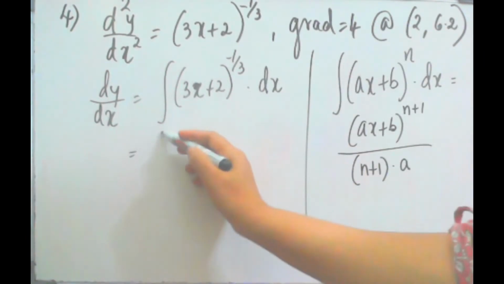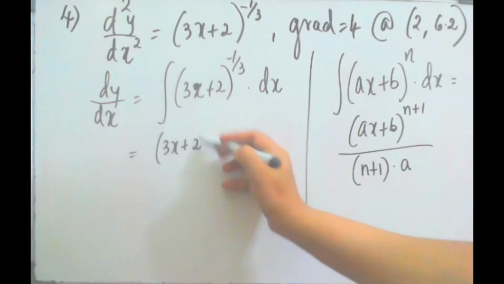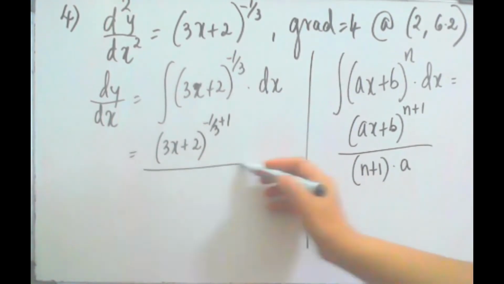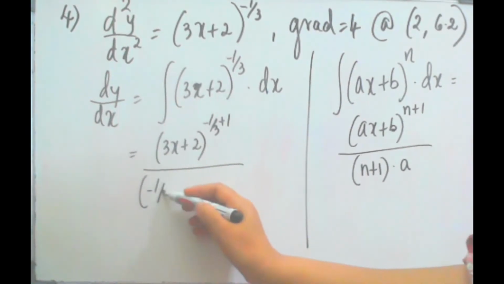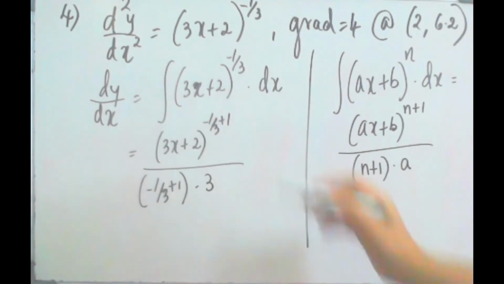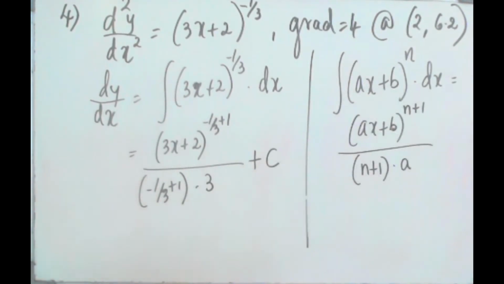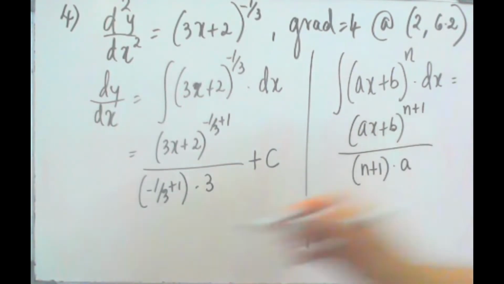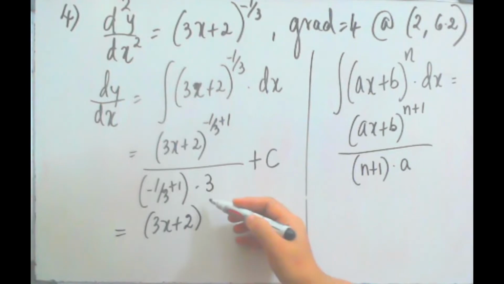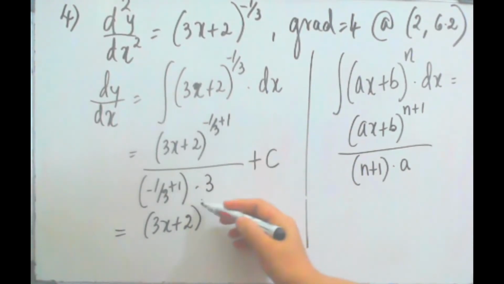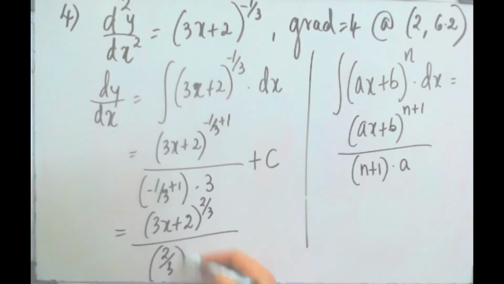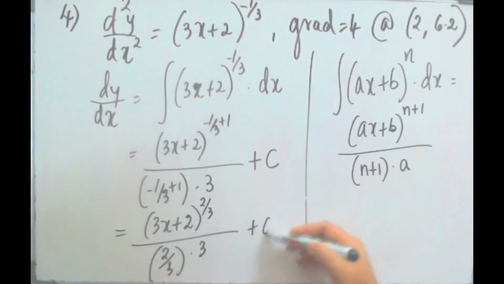So going with that, the integration will be (3x plus 2) power minus 1 over 3 plus 1, divided by the same increased index, along with the coefficient of x, which is 3, plus the constant of integration. So simplifying this, we get (3x plus 2) power, minus 1 over 3 plus 1 is 2 over 3, divided by 2 over 3 into 3, plus c.